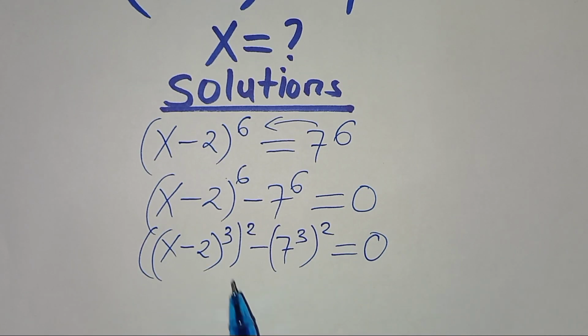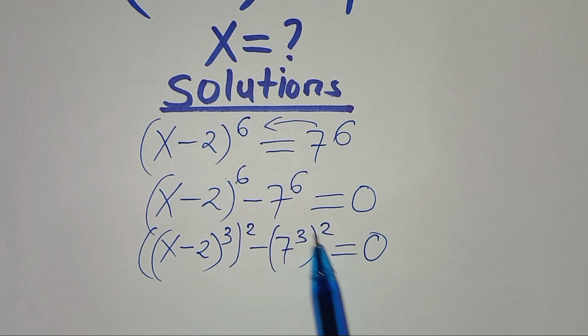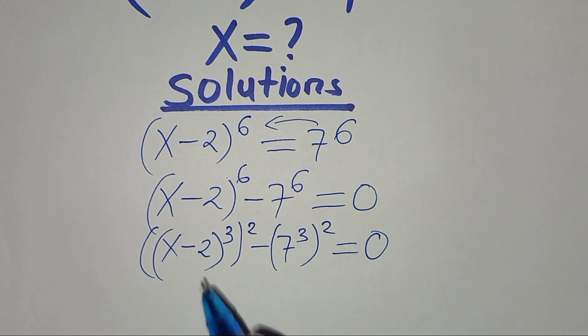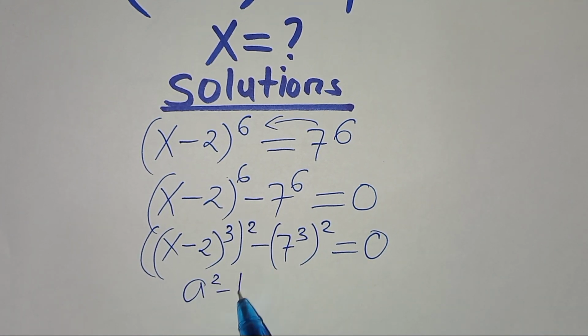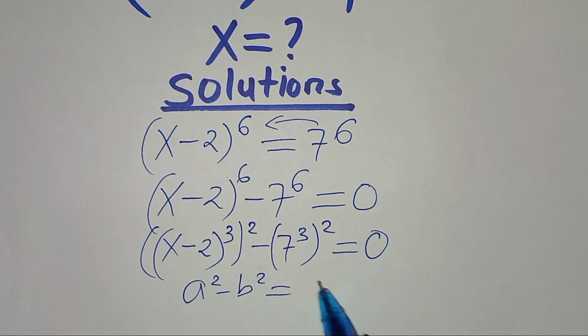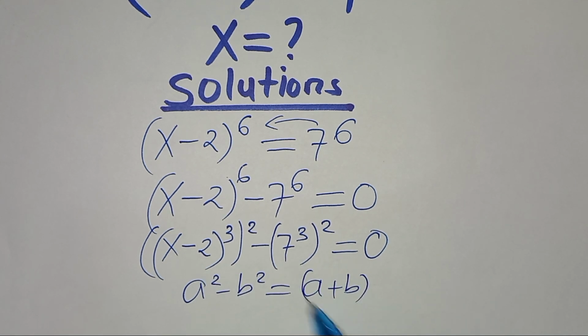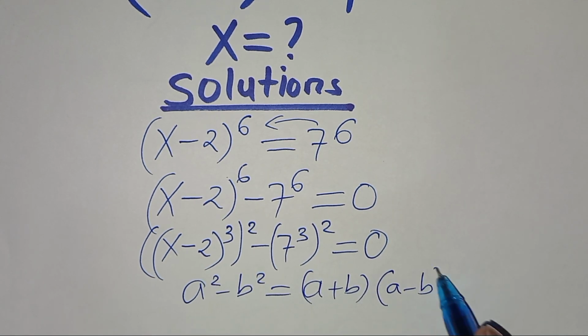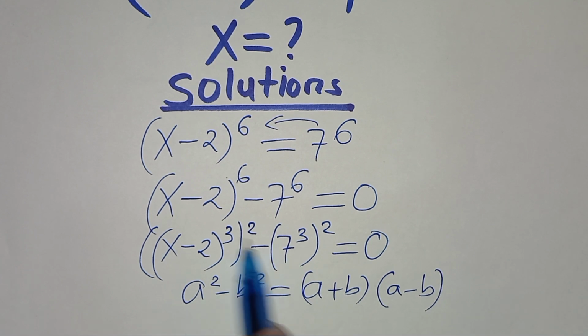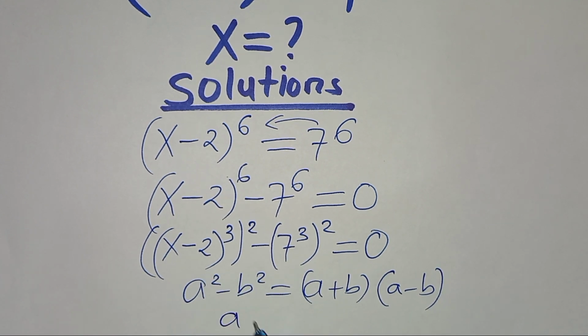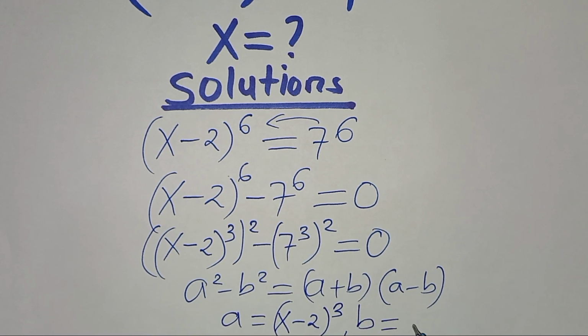The next step here, you find that this equation is in the form of a squared minus b squared, which we can express as (a + b)(a − b). Now from this equation here, a is equal to (x − 2)^3 and b is equal to 7^3.